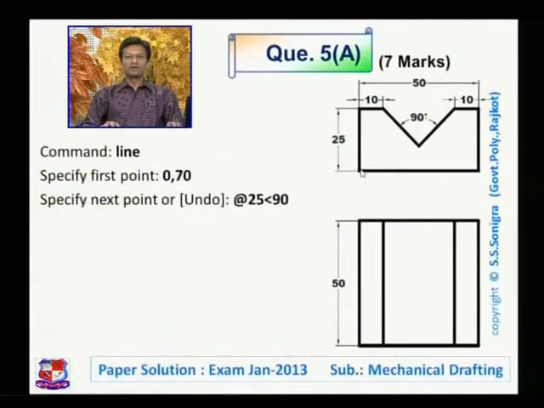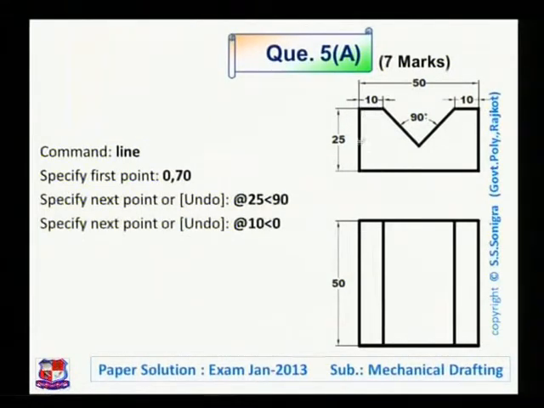So from here it will draw this vertical line. After drawing this vertical line, we have to draw this horizontal line. So for that again we give specify next point at 10, the unit is 10 mm at an angle of 0 degree. So 0 degree means it will draw the line in this direction, 10 at an angle of 0.